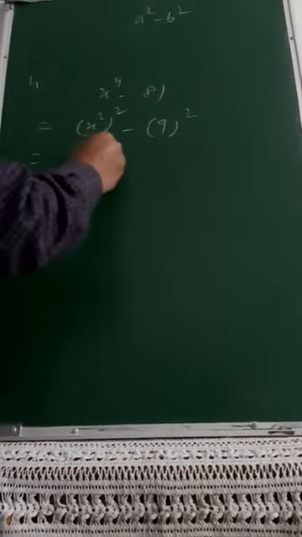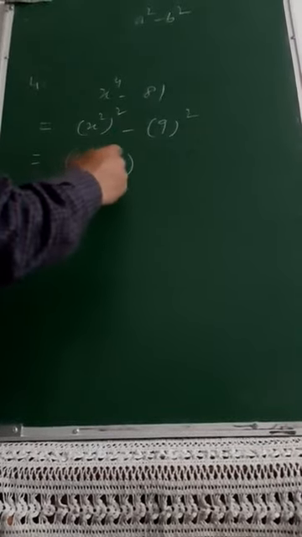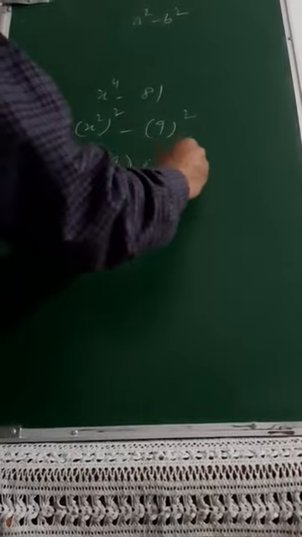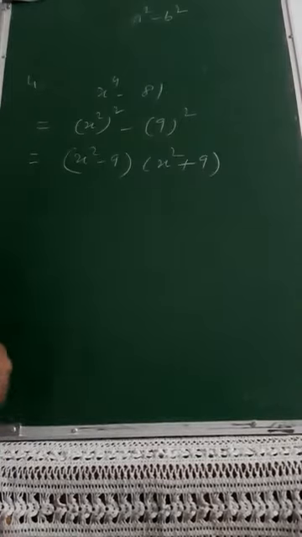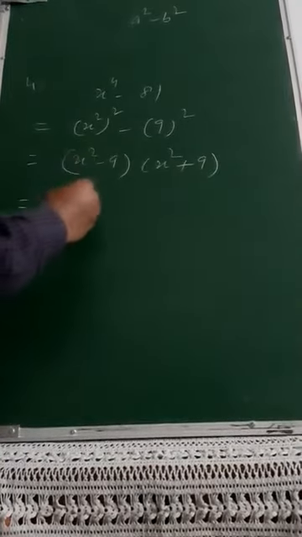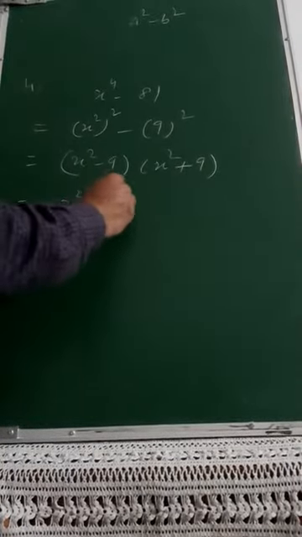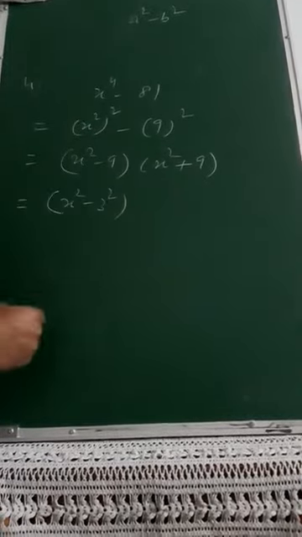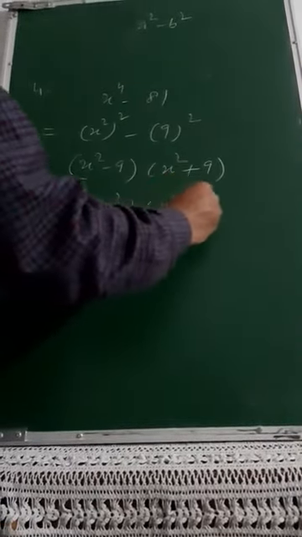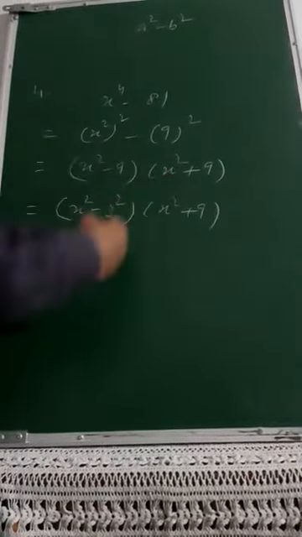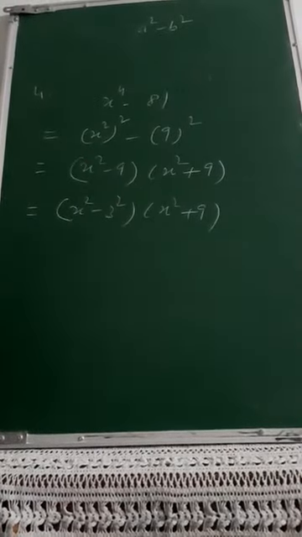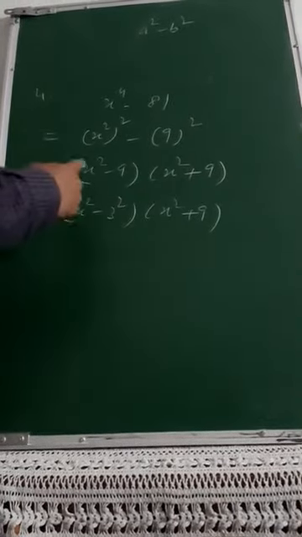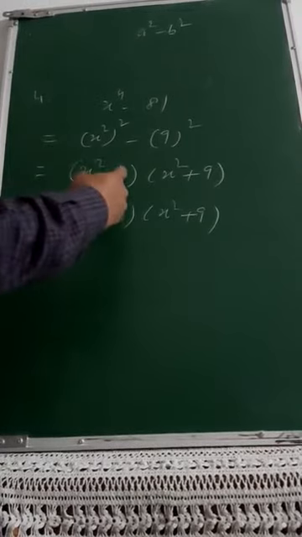So this will be a minus b means x square minus 9 into a plus b means x square plus 9. But here if you see again, I know that 9 is the square of 3 somewhere, definitely. So x square minus 9, because I have to factorize until the possibilities are there, I cannot leave it. So I see x square and 9 again is a perfect square.